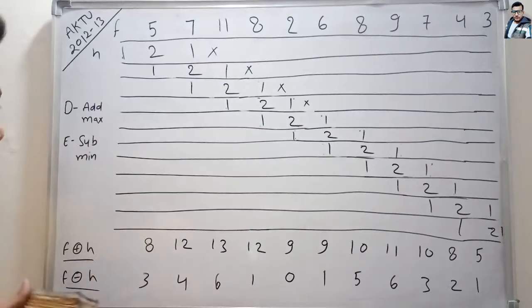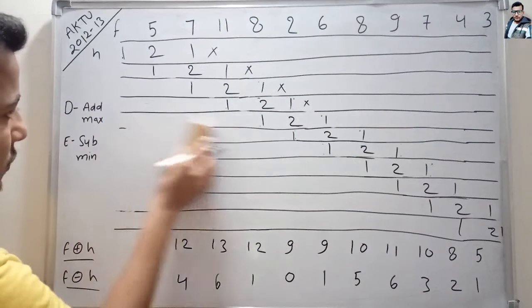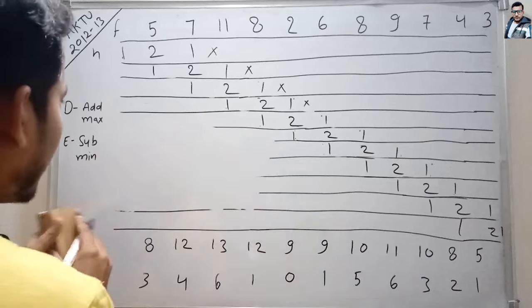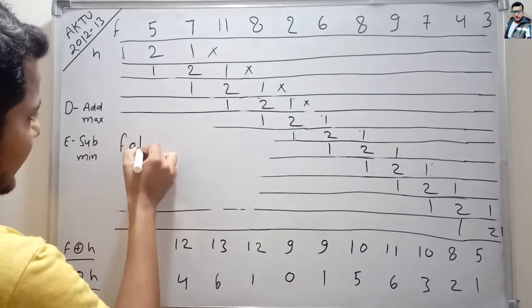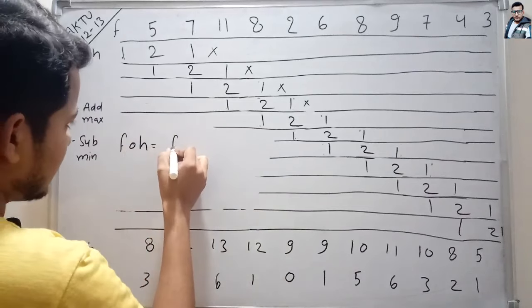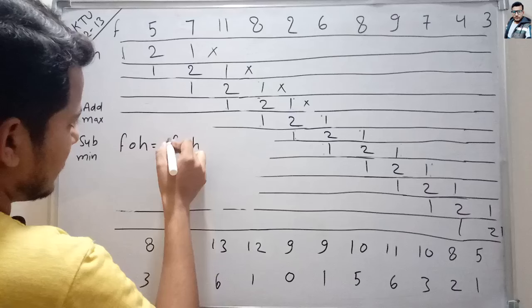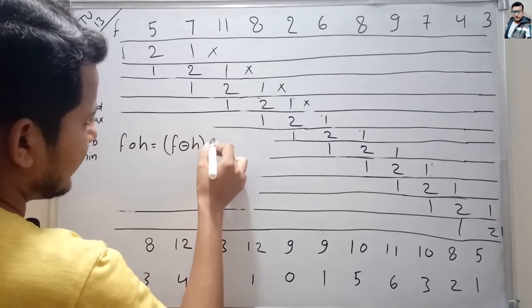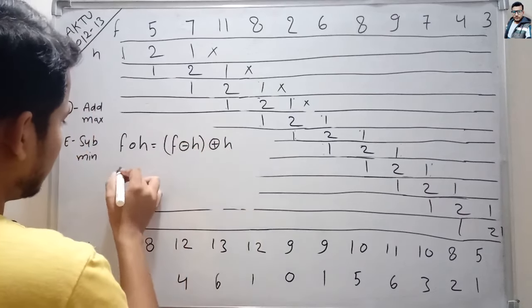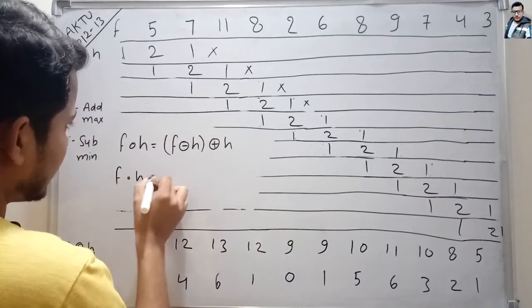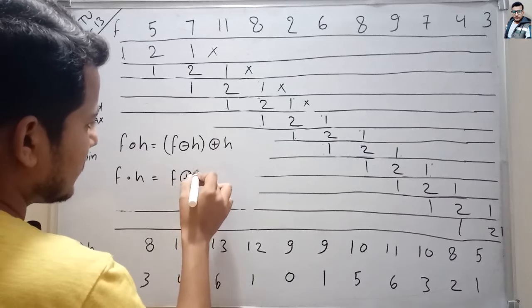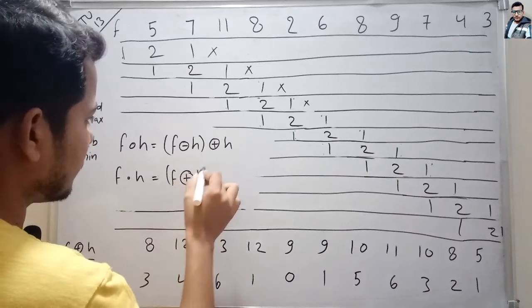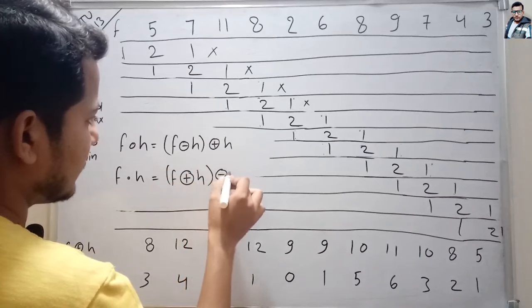Now we have to find the opening and closing. We already know that opening is first erosion and then dilation, and closing is first dilation and then erosion.